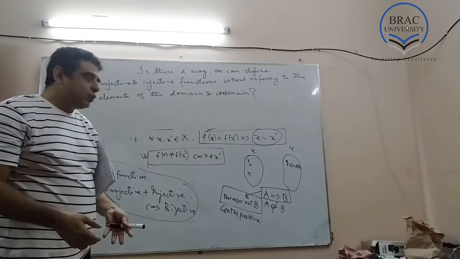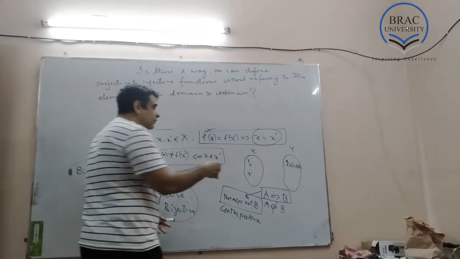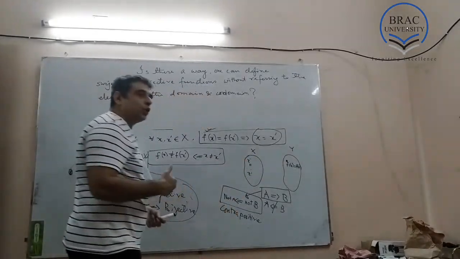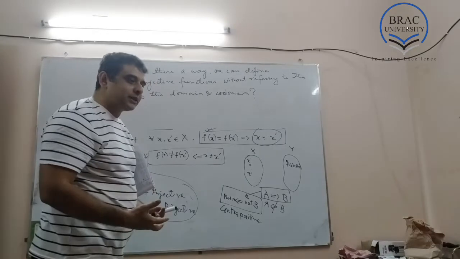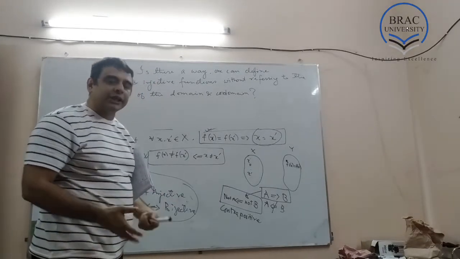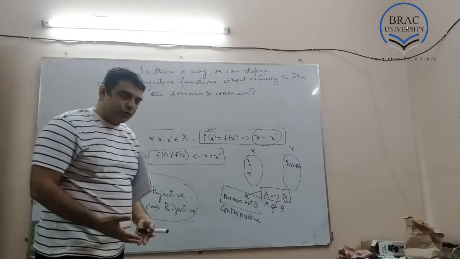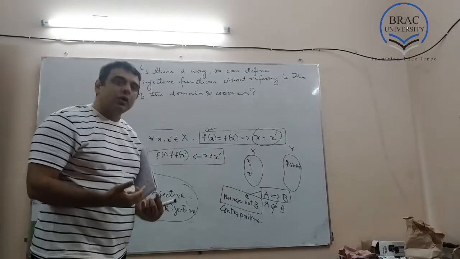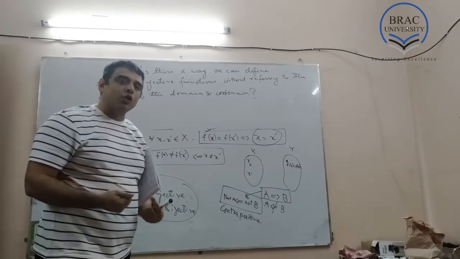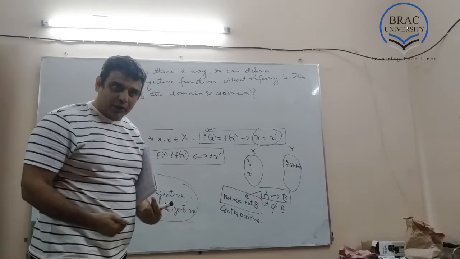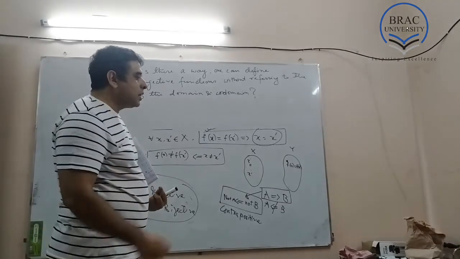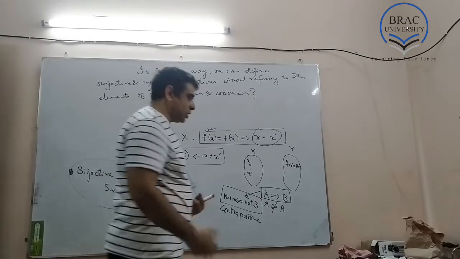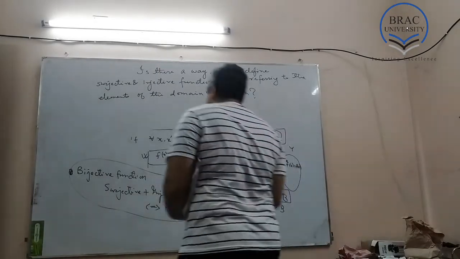So without referring to the elements of the domains and codomains, we should be able to express the idea of injectivity and surjectivity, and for that reason we need the terminologies of epimorphism and monomorphism. Okay, let me define them officially now.